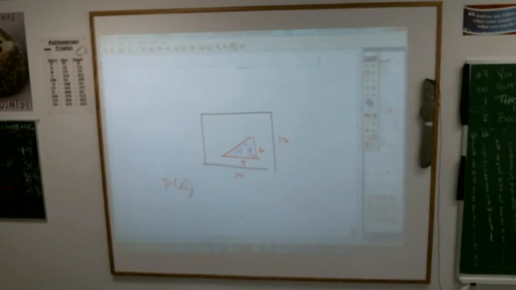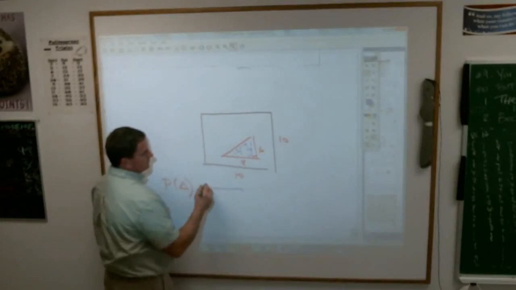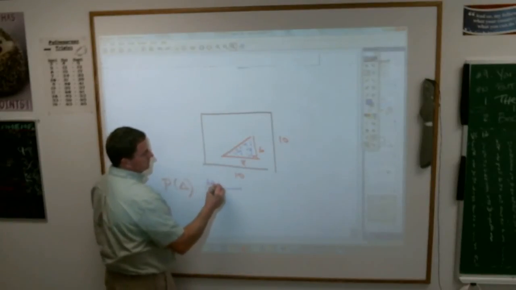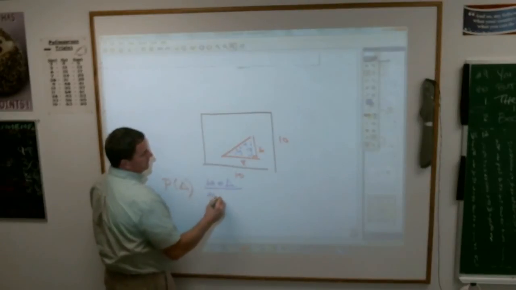Just the area of the triangle over the area of the square.